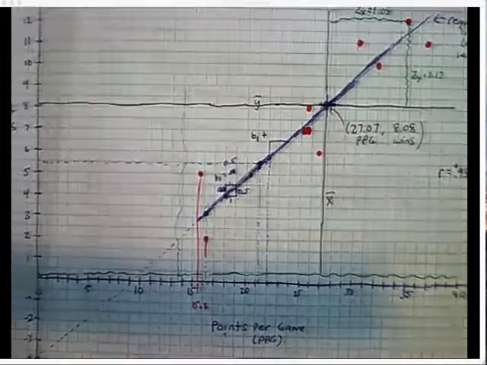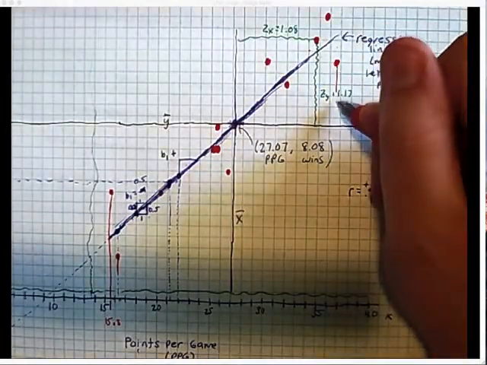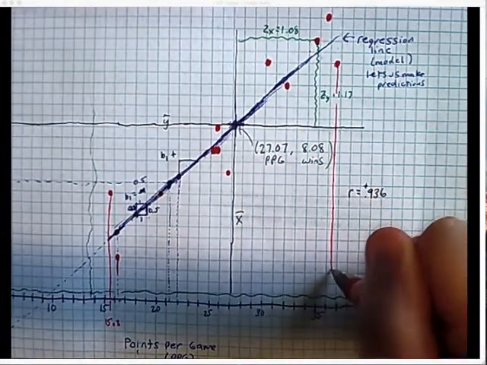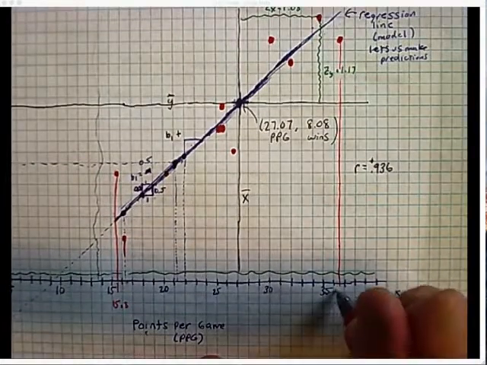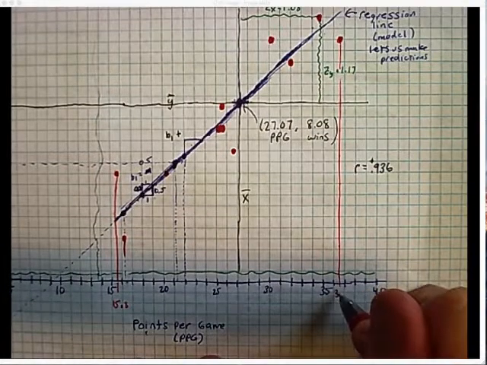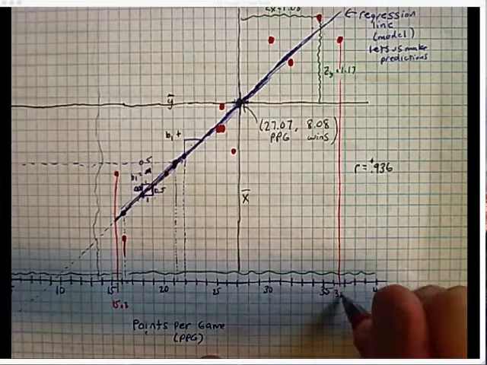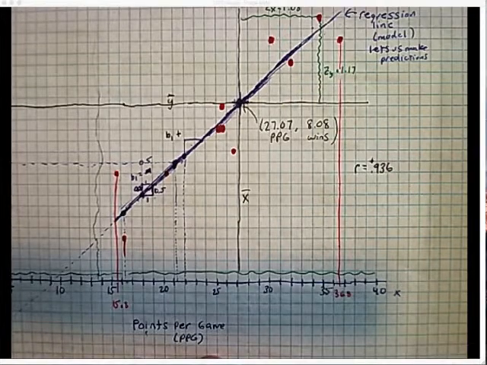That was Kentucky. And the one that had the most points per game was Arkansas. If I were to take that down to where it hits the x-axis, then that was 36.8.